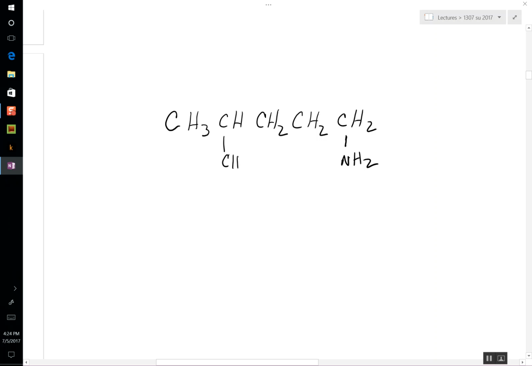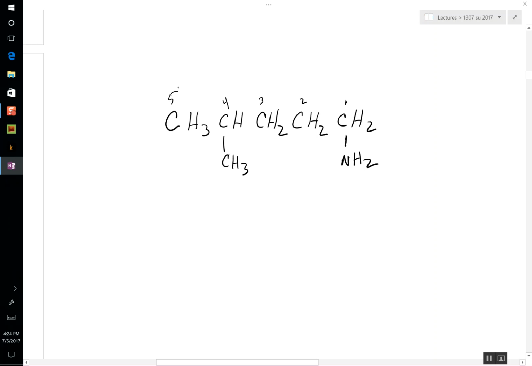It's got 5 carbons, so this is carbon number 1, 2, 3, 4, 5.